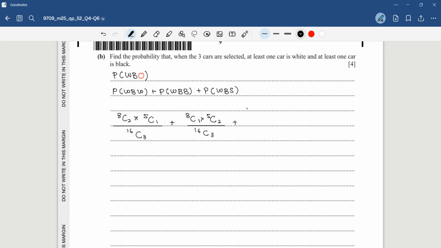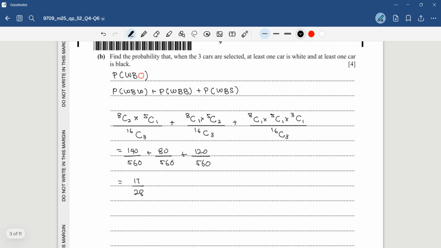Or 8C1 times 5C1 times 3C1 over 16C3, meaning 8 white choose 1, 5 black choose 1, 3 silver choose 1. So it's going to be 140 over 560, or 80 over 560, or 120 over 560. So you'll get 17 over 28.